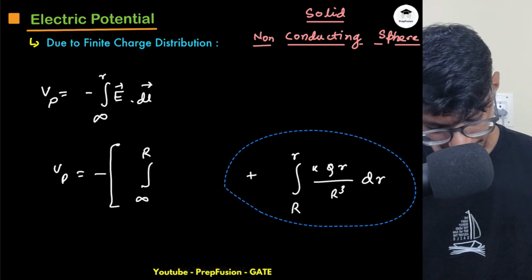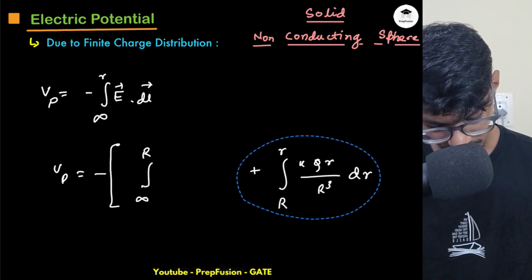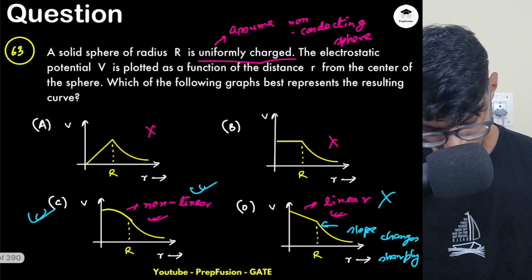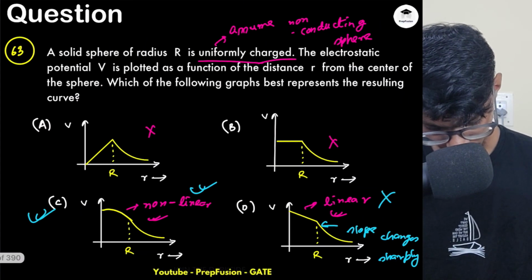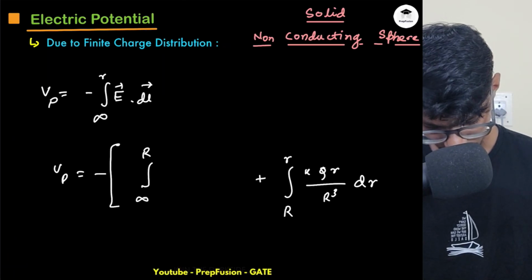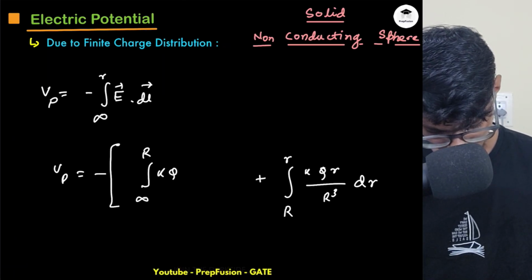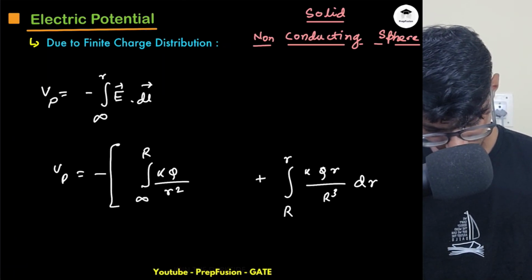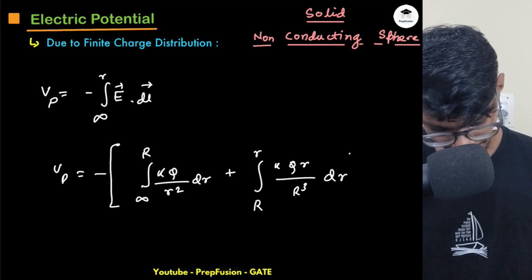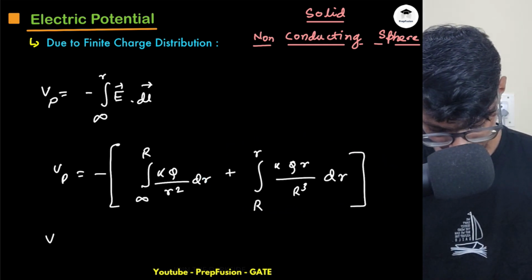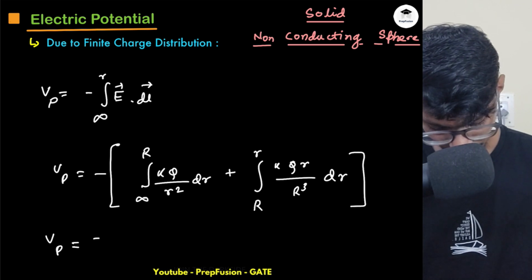From infinity to capital R, the expression for the electric field is something else. If you remember, the expression is q by 4 pi epsilon r square, so it will be kq by r square dr. Both are in a r cap direction.